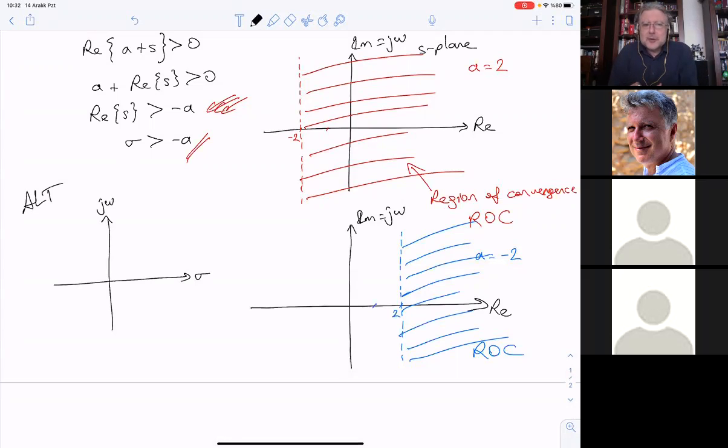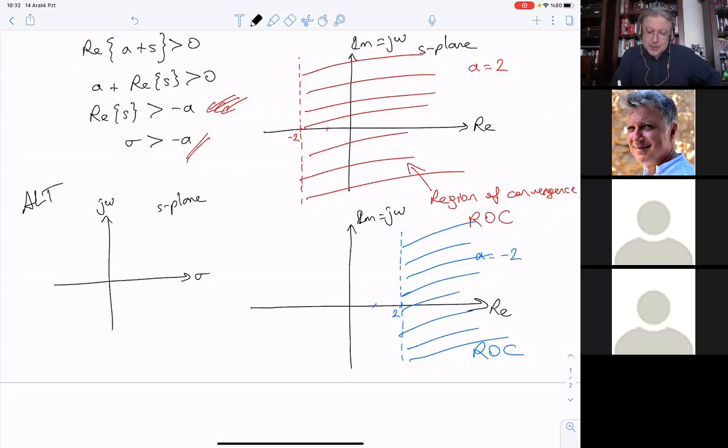You can also draw it like this, and you put the dashed lines and draw the region of convergence to the right, and for some we will see to the left, etc. But this is where we will draw the region of convergence. This is the alternative S-plane. But look at the name of the vertical axis, it's j omega.